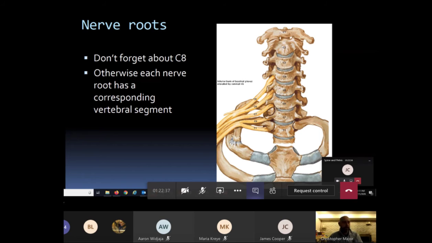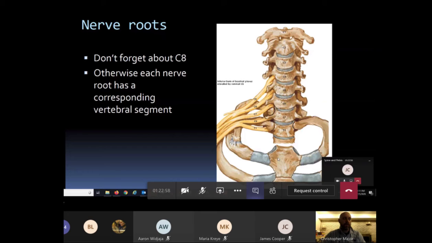So I'm going to leave that alone. The next question that you have to answer is, if you have a disc herniation at a given level, what nerve root is going to be affected? To answer that question, you just have to identify which nerve root is closest to that level, and it's going to get a little bit wonky in the lumbar spine. In the cervical spine and the thoracic spine, it's pretty straightforward.